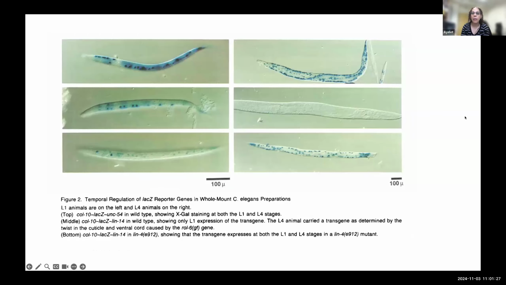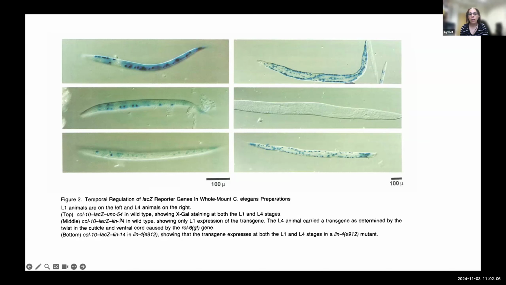Other findings from this paper were about not just the temporal regulation of the 3' UTR, so that basically the regulation is only on the protein level and not on the RNA level. So it seems like this small RNA, Lin4, actually regulates Lin14 in the translation, not the life of the RNA, and probably not causing degradation.